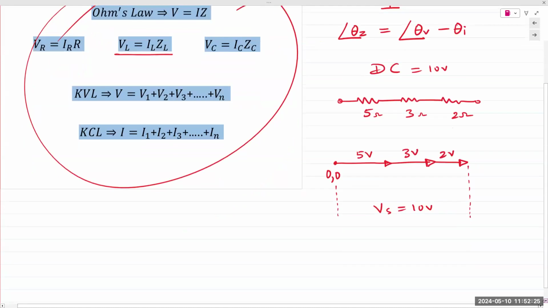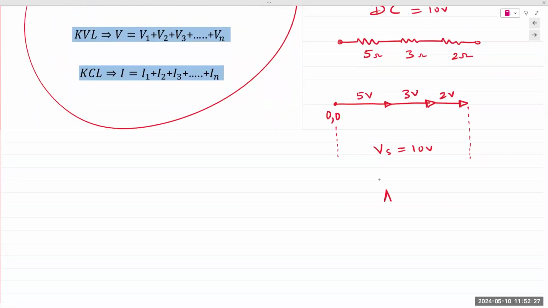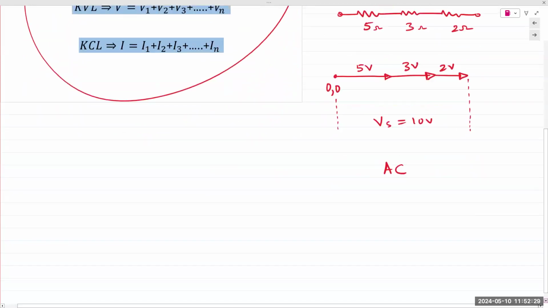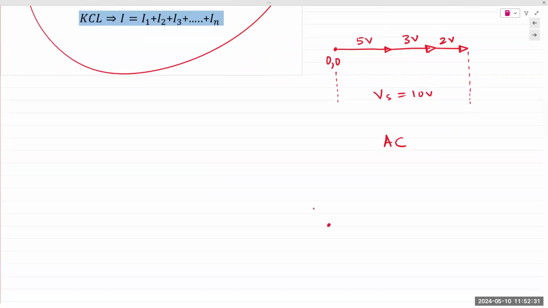So the same example for AC would look something like this. You'd plot your first coordinate. Let's say it was 5 volts, so a vector with a length of 5 volts. And then you plot the voltage for either the inductor or the capacitor. You'd have to take the phase angle into account.